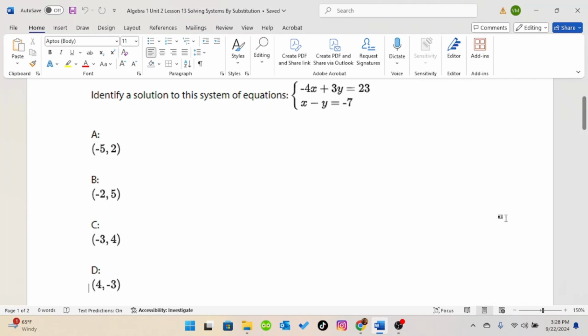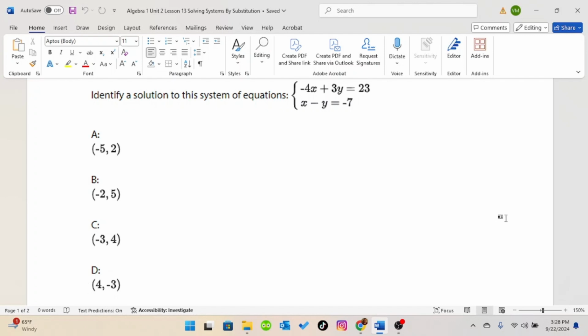As we get started on our practice problems, there are multiple ways to solve systems of linear equations. In this lesson, we're going to concentrate on the substitution method.